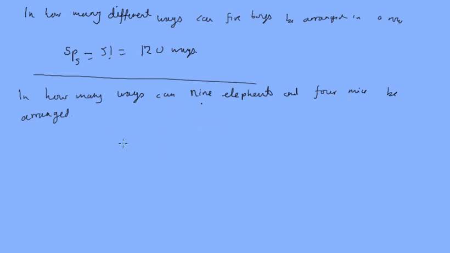We have 13, because 9 add 4 is 13. So n is 13, and so it's going to be 13 factorial, which is a massive number. 6,227,020,800 ways.